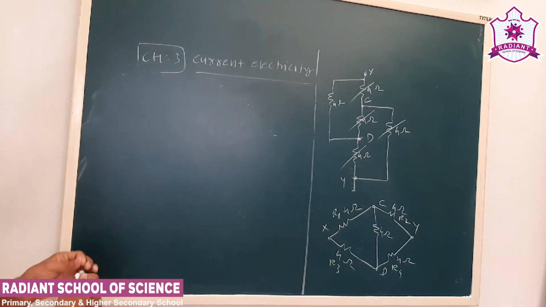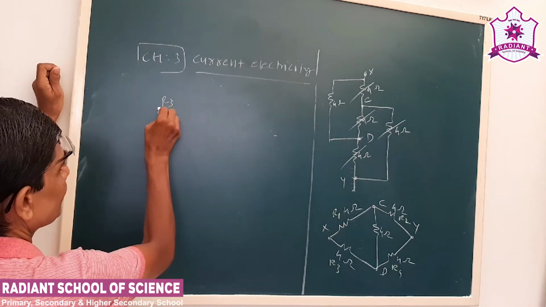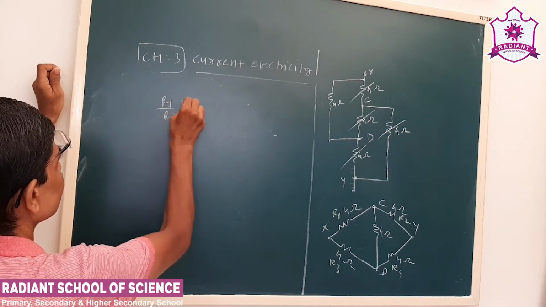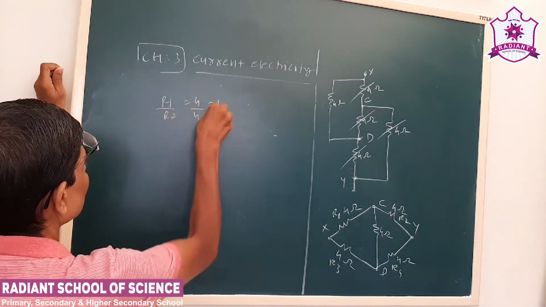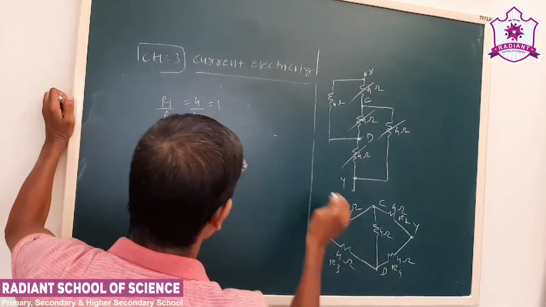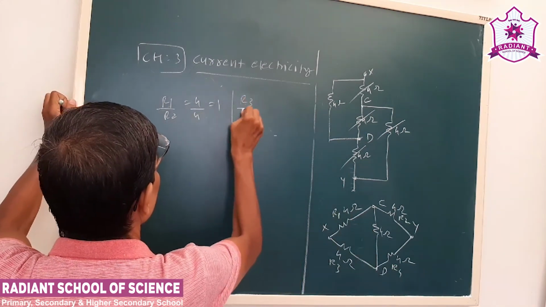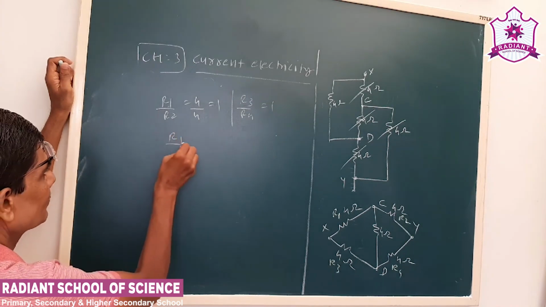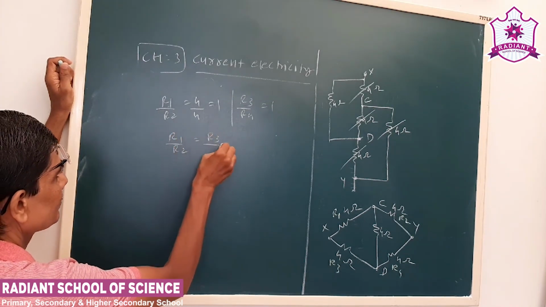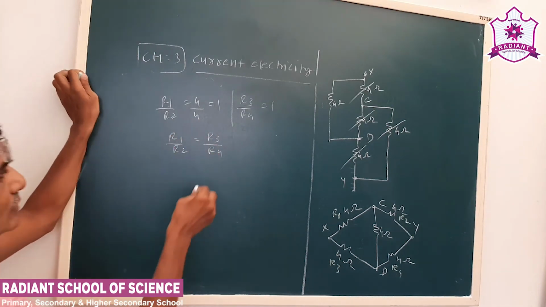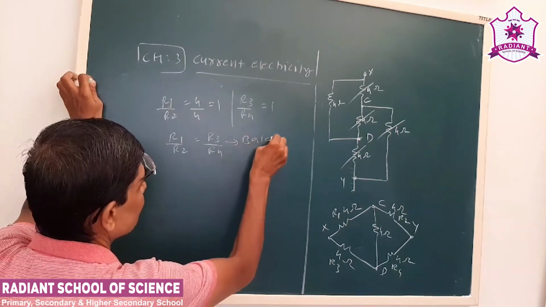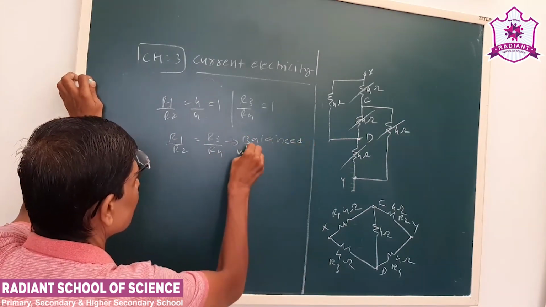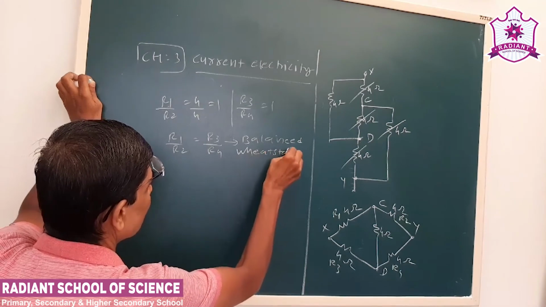What we see here is that R1 upon R2 equals R3 upon R4, which is the condition of a balanced Wheatstone bridge.